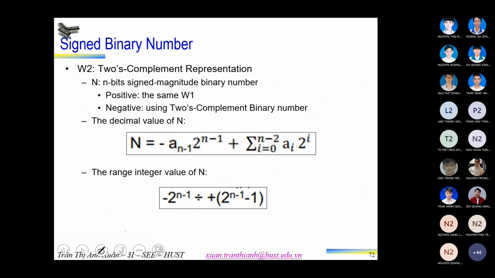Example here, we have an example L equals 1, 0, 1, 0. So the first L is the unsigned binary number.